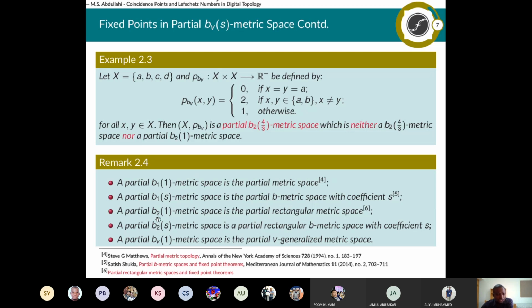If v equals 2 and s equals 1, we end up with the partial rectangular metric space defined by the same author, Shukla. Other cases that, to the best of our knowledge, did not exist are the partial b_2 s metric space, which will be called the partial rectangular b-metric space, and the partial b_v 1 metric space, which is the partial b-generalized metric space.